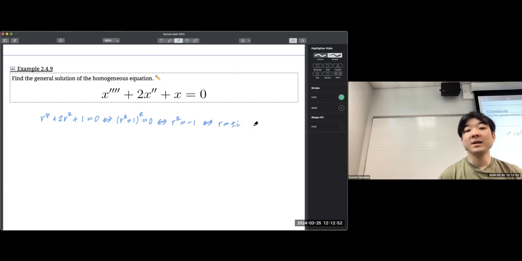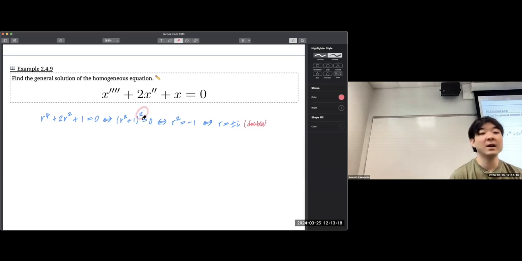But suppose this wasn't squared, and it was just r squared plus 1 equals 0, then it would have been r equal to plus or minus i, and that's it. But because this is squared, this is actually r equals plus or minus i, but it's a double root. Right? Because of this squared here.